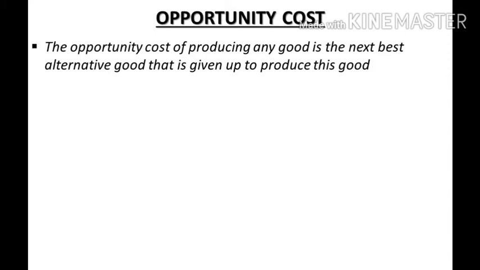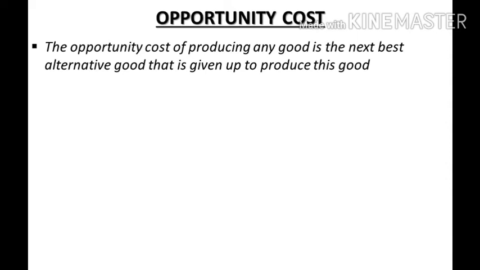So if you decide to produce 1 meter of cloth, the cost of 1 meter of cloth is 20 loaves of bread. This is what you mean by opportunity cost. Then the applications of opportunity cost are there in the book, but they are not in your syllabus, so we will not be taking them up.